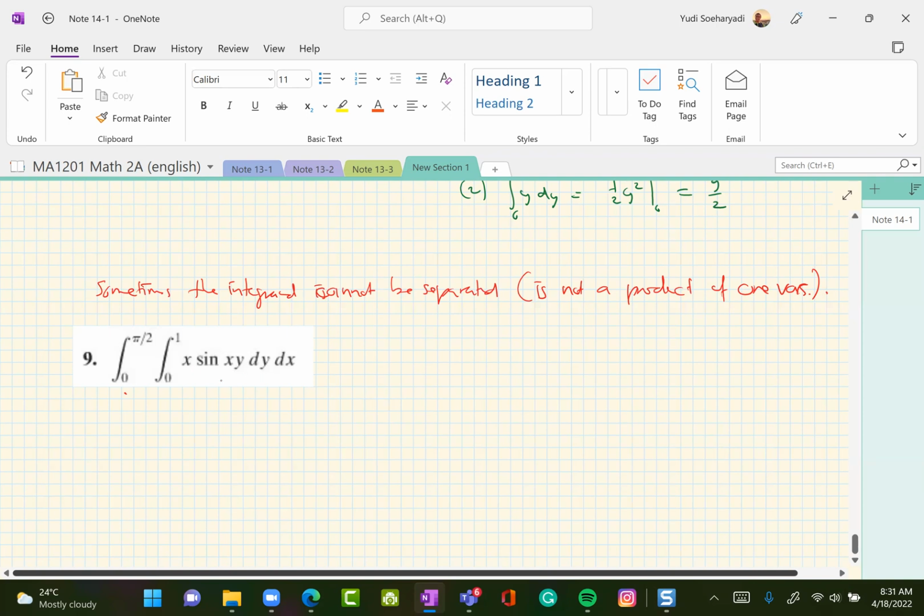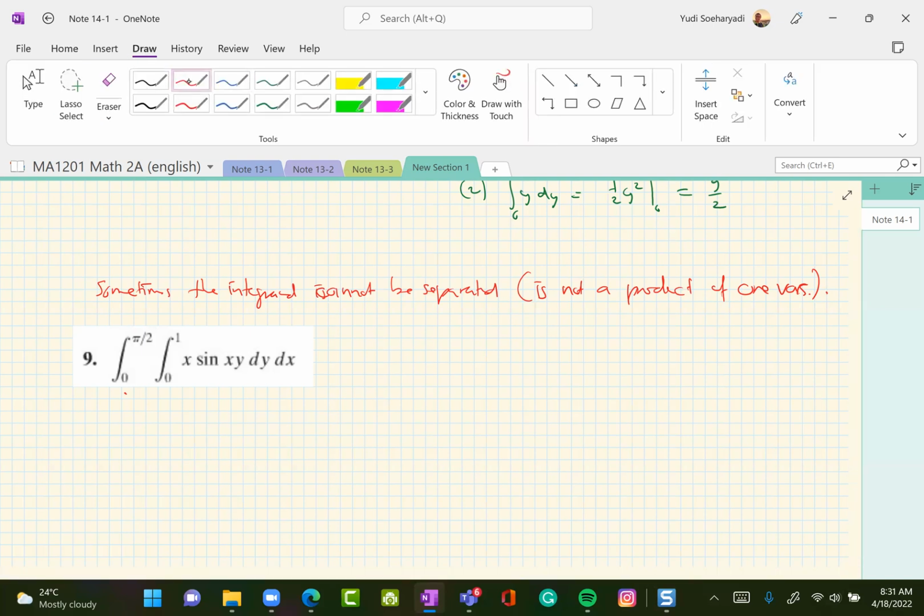So in this case, the antiderivative of sine xy with respect to y becomes negative cosine.